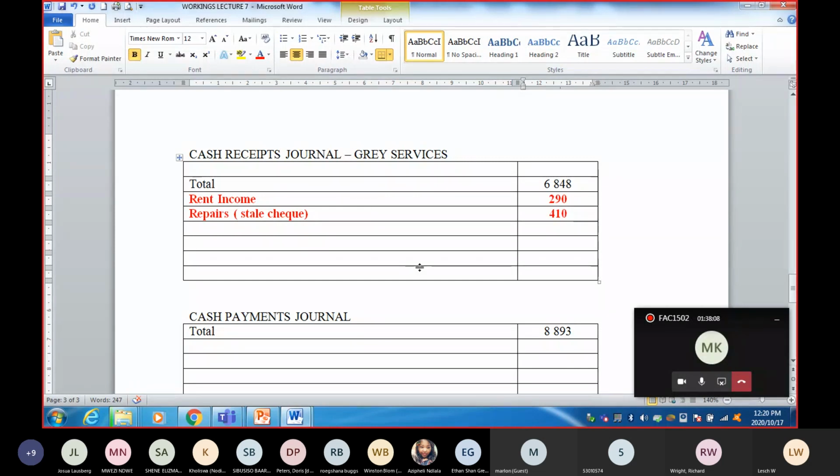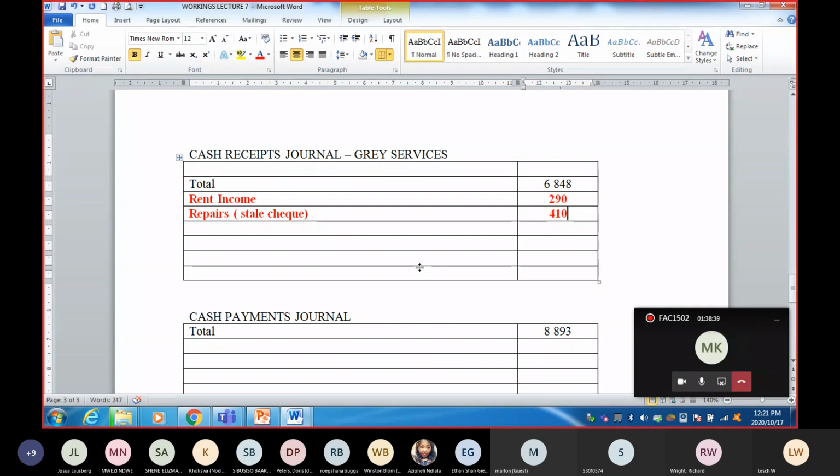Just continue there with your additional information. Take a look at number 4. Or let us do number 3 first. I spoke about this one already. The correct amount of check number 824 is 4,400. So 4,400 is correct, and 4,400 appears on your bank statement. However, in our cash payments journal, we recorded 4,600.